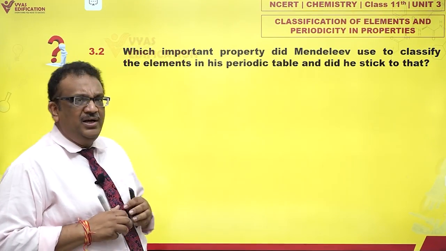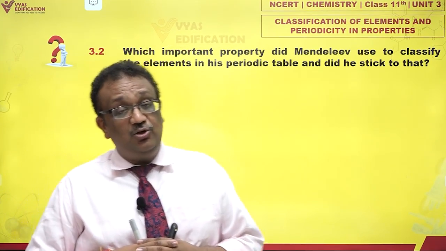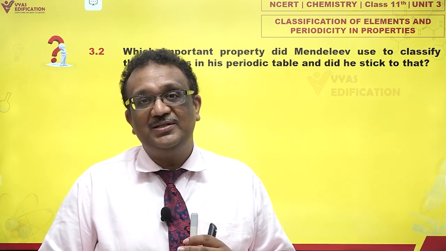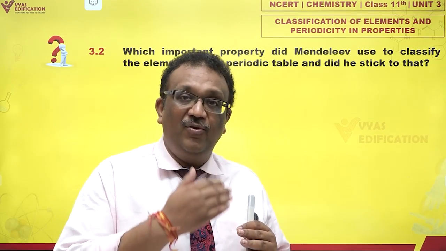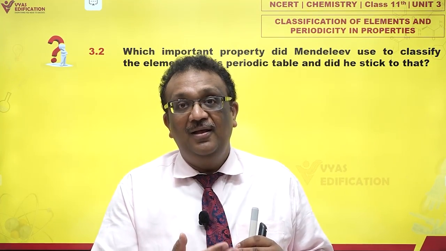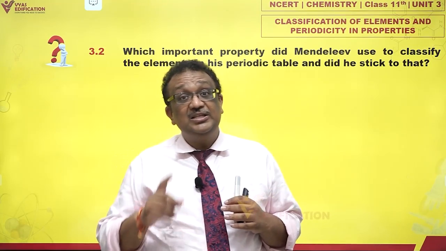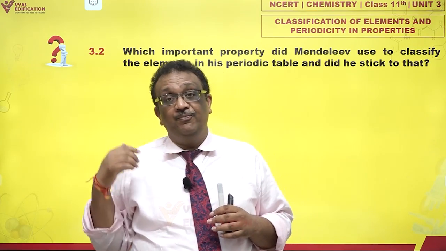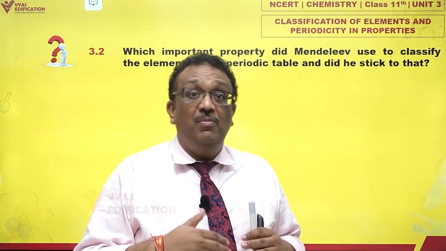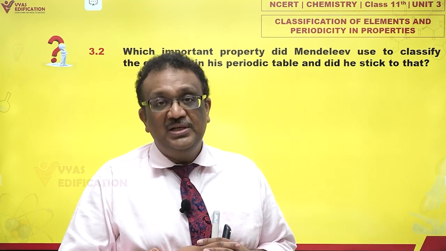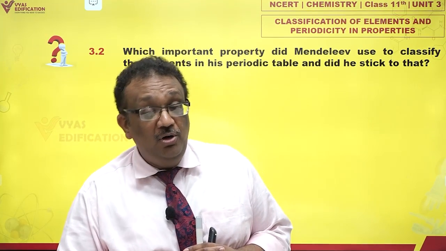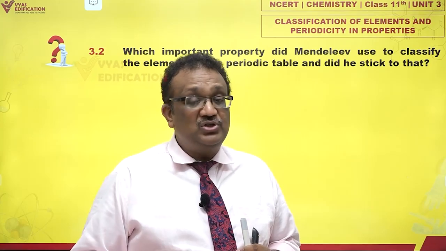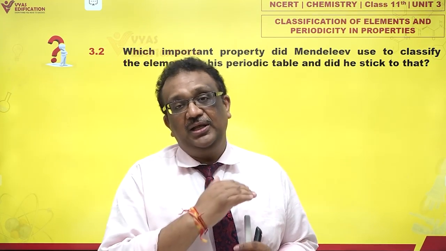The second, did he stick to that? He mostly did stick to that, but there were cases when he made adjustments, like while moving from cobalt to nickel. As per the atomic masses available at that point of time, cobalt should have been more massive as compared to nickel. That was the estimate of the scientists at that time. Very boldly, based upon their chemical characteristics, Mendeleev suggested that this is not the correct location.